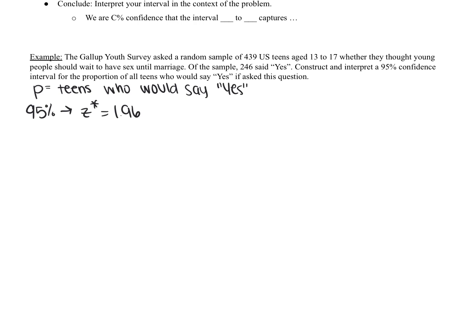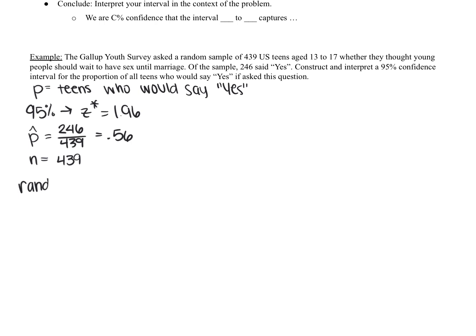I'm also going to go ahead and calculate my p-hat, which more often now you're going to have your sample size with the number who responded yes or positive. So that's going to be 246 over 439, which is going to be 0.56. And then we have our N, which is 439.